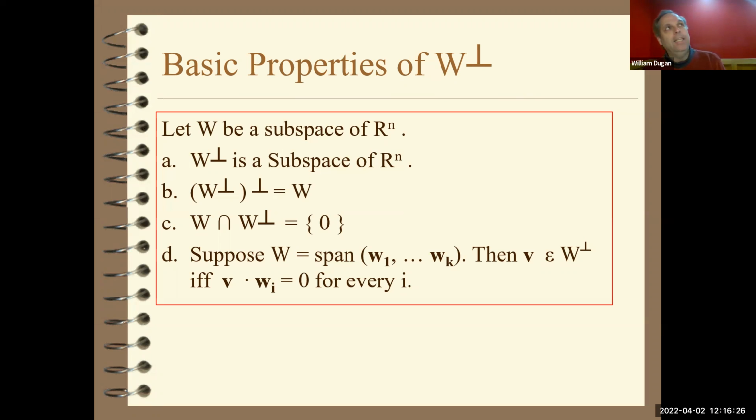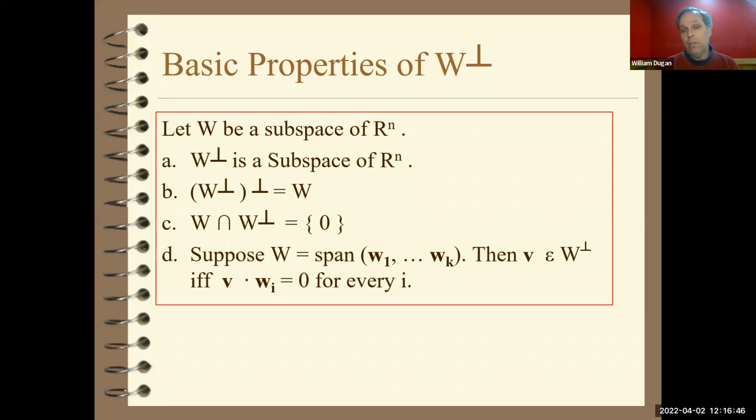And then lastly, if a subspace is spanned by a bunch of vectors, then you can show that a vector v is in W perp by just showing that v is orthogonal to every vector that spans W, and vice versa.